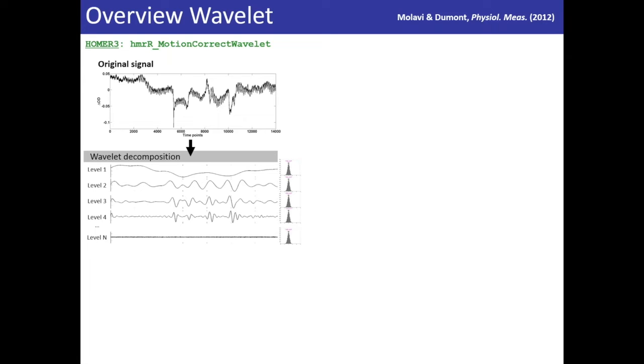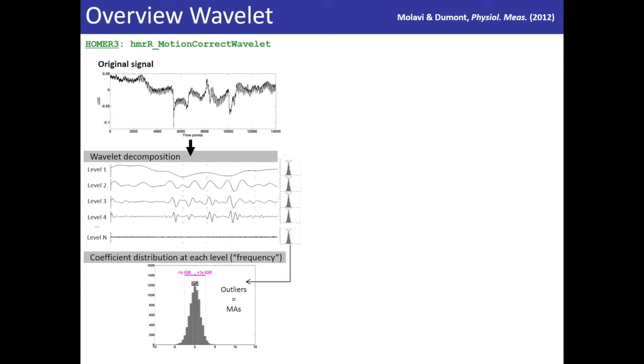Here, one would first decompose the signal into its wavelet components. Now we are in a frequency time domain. The assumption is that when you have these wavelets, the wavelet coefficients will have a normal distribution, and the outliers will be due to motion artifacts.